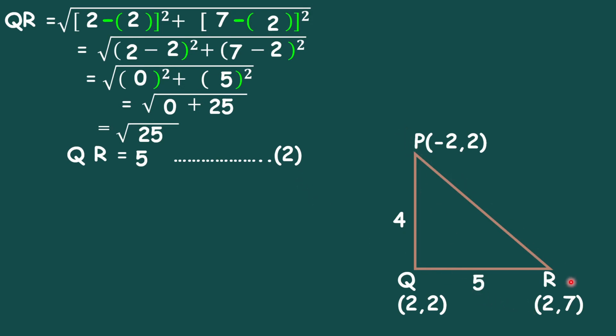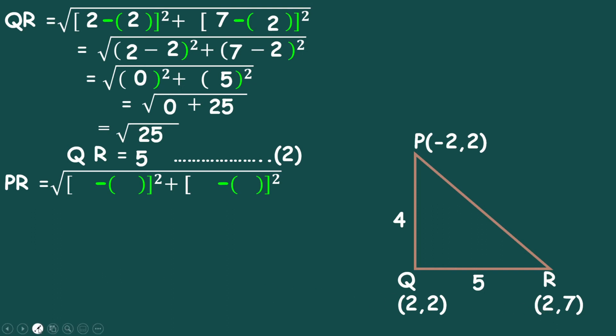Now to find the length of PR, we apply the distance formula again. By the distance formula, distance PR is equal to, take note, from R we subtract the coordinate of P. Here the x coordinate of point R is how much? 2.